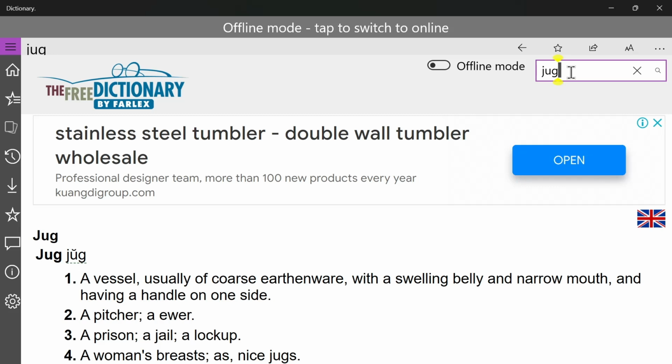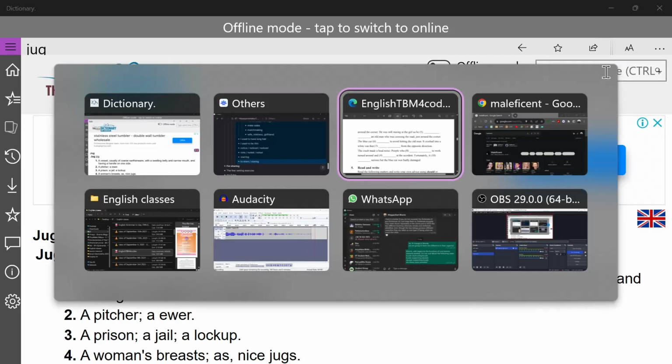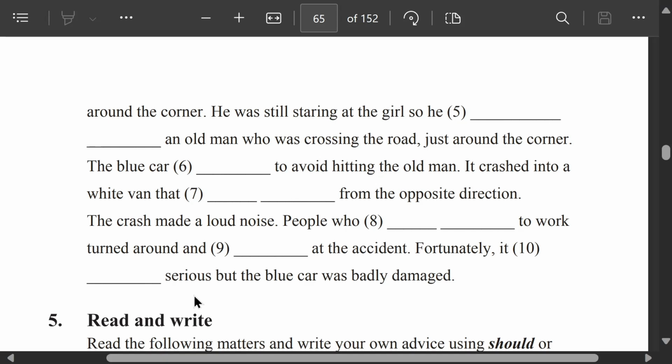It's like a soft sound, jug. And the other one, you also have R in the middle. So jerk. I don't remember that verb, but it was like to swift, to snatch, no, slip, no, swift. I don't remember the verb, but maybe jerk. Jerk works. So the blue car jerked to avoid hitting the old man.